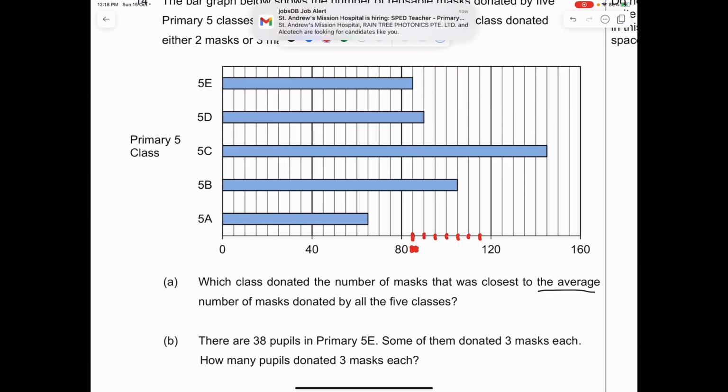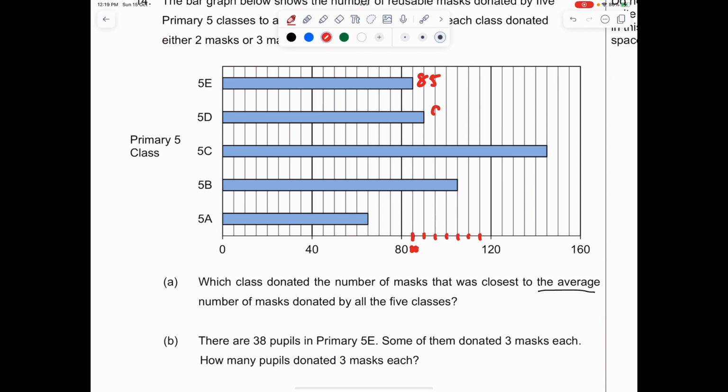So with that, we are able to very easily find out what the numbers are. For 5E, the first one, the answer will be 85. For 5D, it will be 90. For 5C, your answer would be 1, 2, 3, 4, 5, so 145. 5B would be 1, 2, 3, 4, 5 as well, so 105.